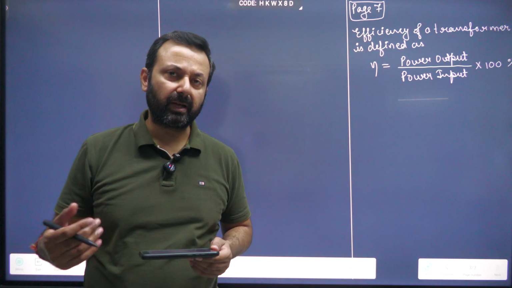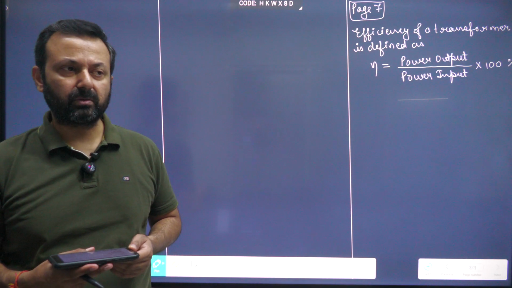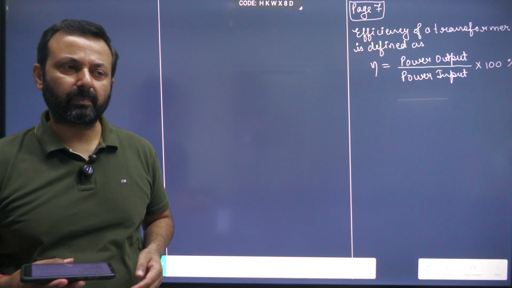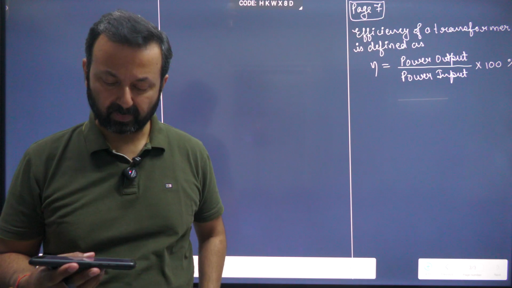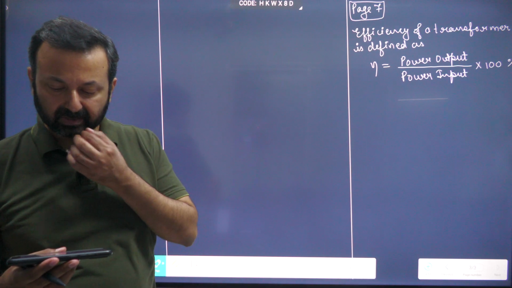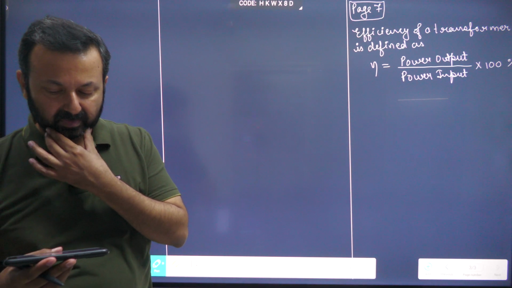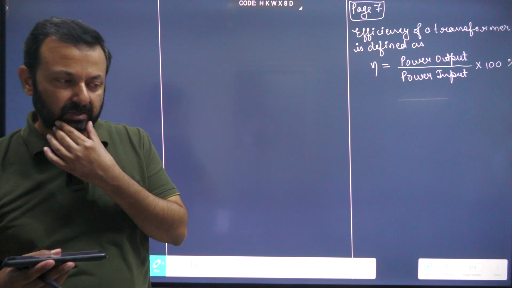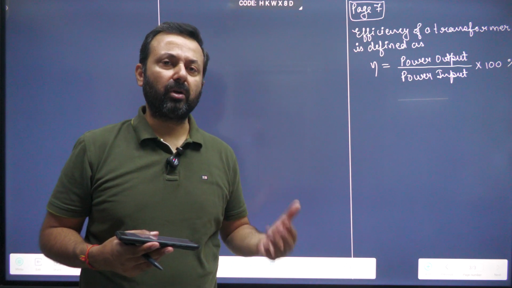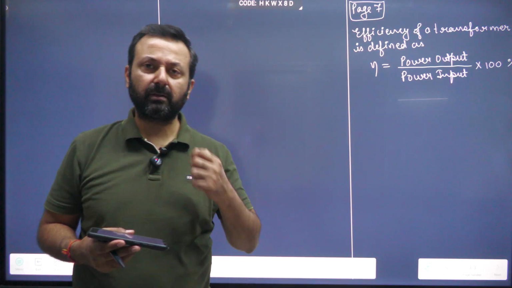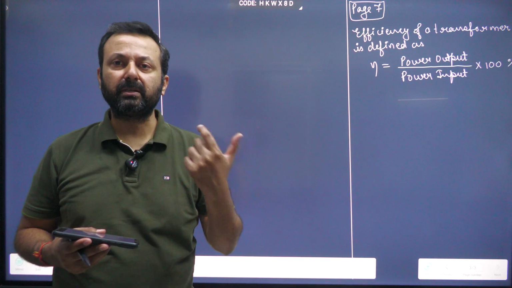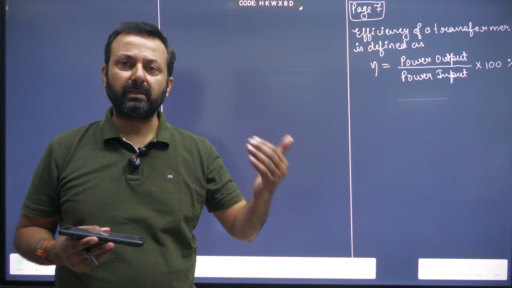If we laminate the iron core, then this type of loss can be reduced. Hysteresis loss: AC carries the iron core through cycles of magnetization and demagnetization. Alternating current first increases and then decreases.